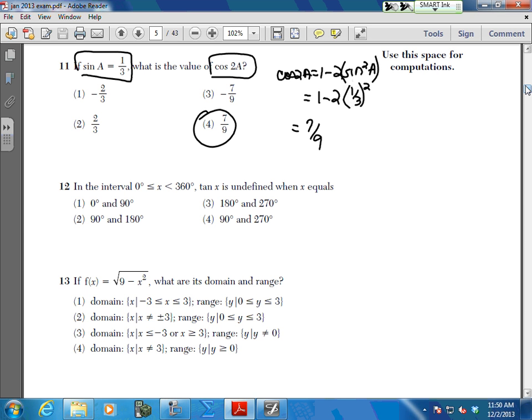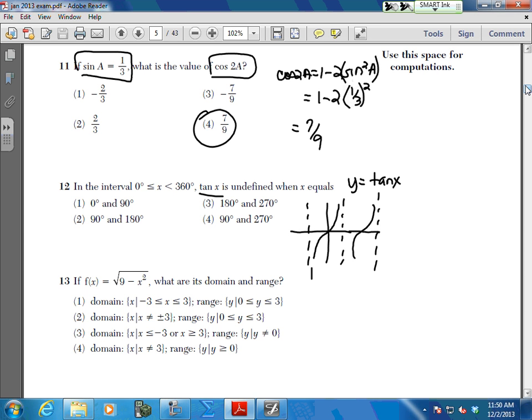Number 12 is also a nice trig problem. Tangent, you can do one of 2 things. You can put this in your calculator and graph it and see that it's undefined. In other words, our asymptotes are going to be here at the 90 and the negative 90, and then again at the 270.